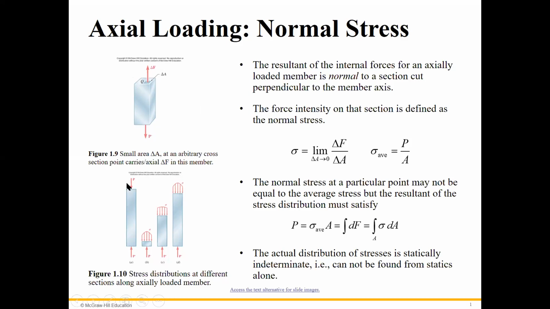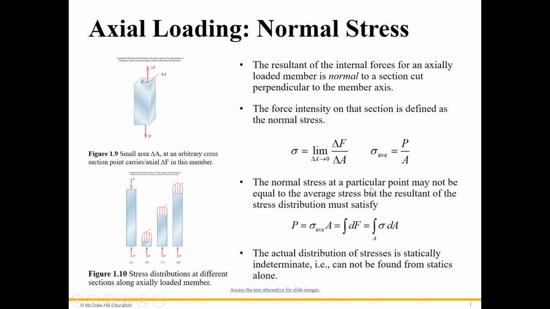Then when we have this force, in reality the force is actually distributed on every point of the section. If this is a cross section of the element, and we have this actual force, this force is just distributed at all points, and the distribution may look something like that.